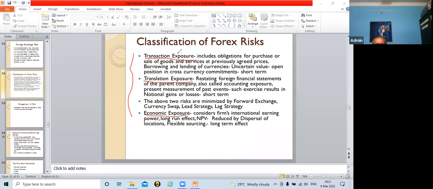How many types of risk are involved in foreign exchange? Hello, am I audible?